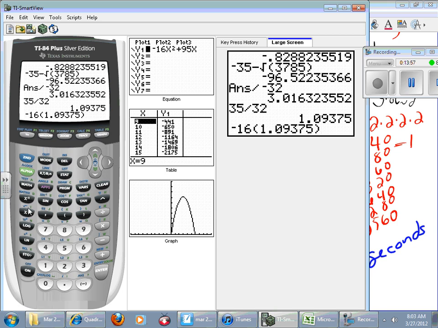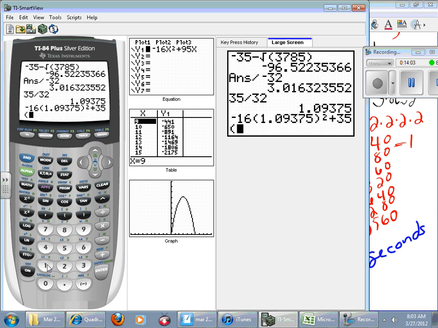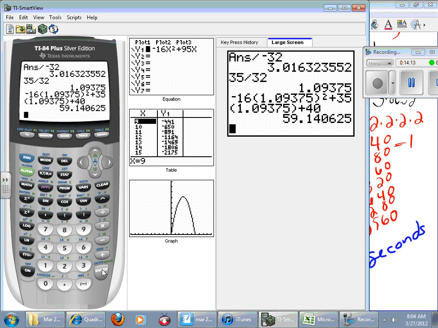The calculator is going to do the math for me, so I'm not so worried about it. I think it was plus 35 times 1.09375, and then plus 40. And it should shoot out the y-coordinate of my vertex, which is 59 1400ths of a foot.